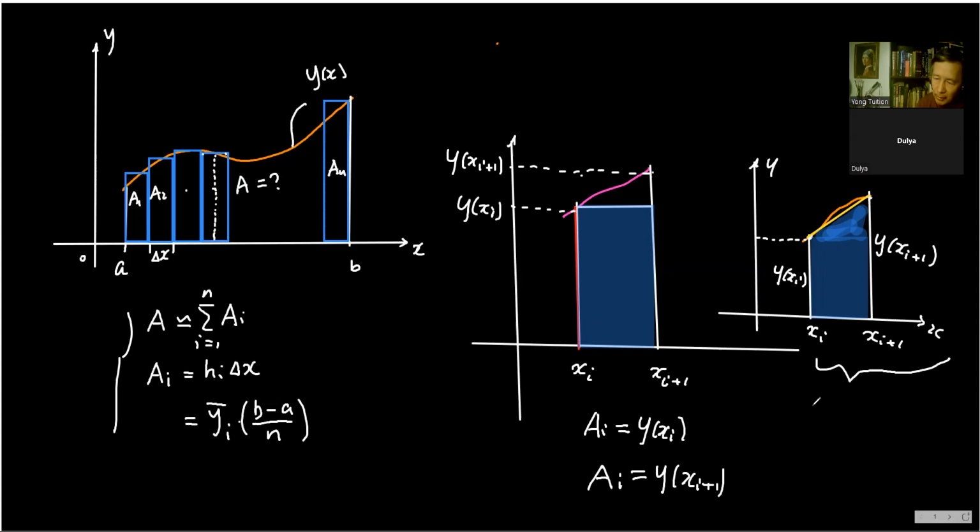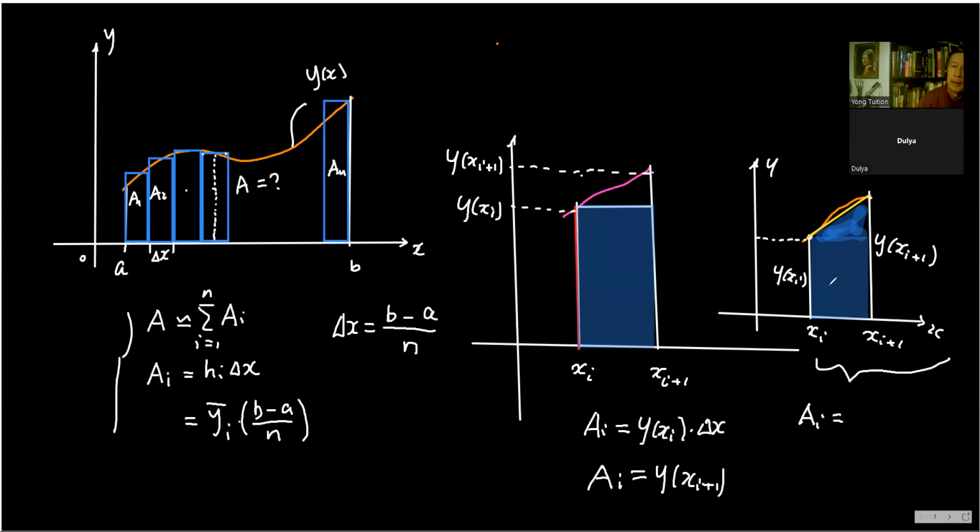Now in this case, can you write the area? You have multiplied delta x. Delta x is the same. Can we say that delta x is always equal to the interval b take a divided by the number of slices, right? However, can you work out the area this time based on this trapezoid instead of the rectangle? So what is Ai?